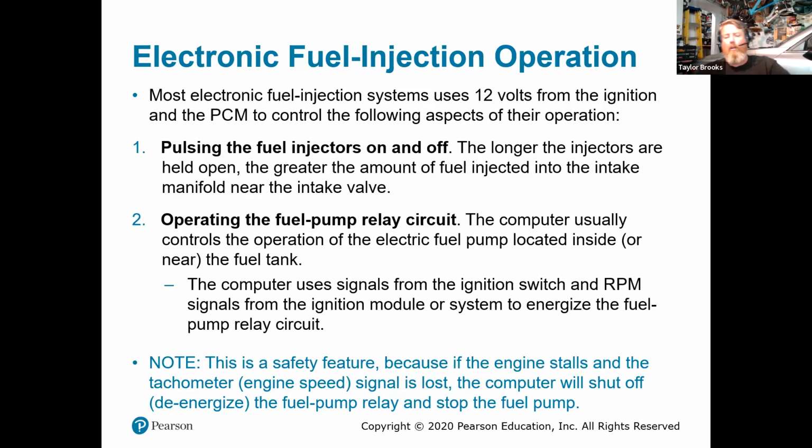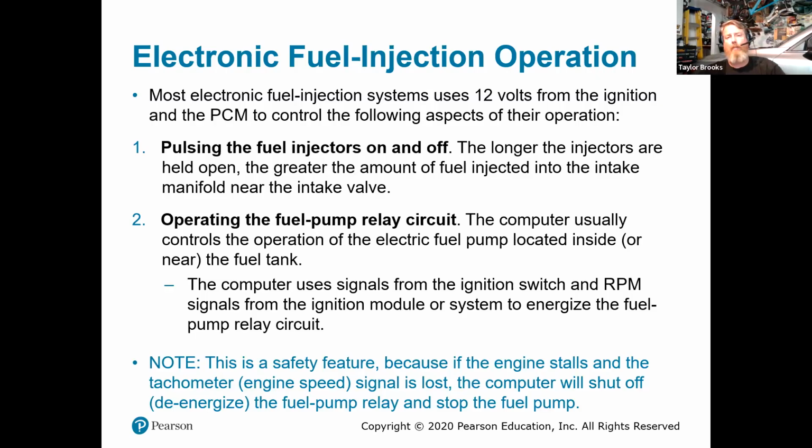Now, the PCM is going to have a couple different control options in terms of controlling that fuel delivery. There will be a quick, usually 5-ish seconds, pulse of the fuel pump to basically prime the fuel line so that when the vehicle is started, it can start quickly and stay maintained starting.